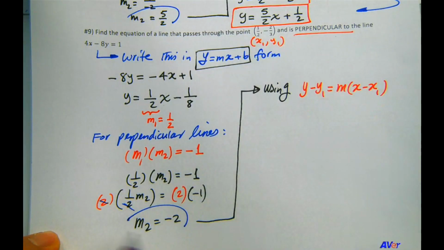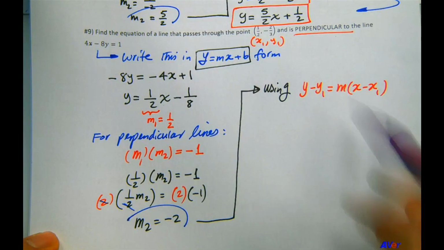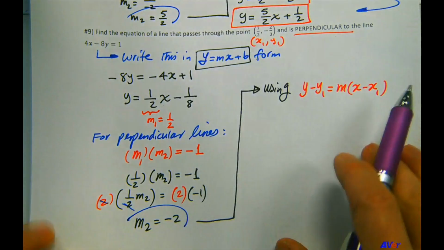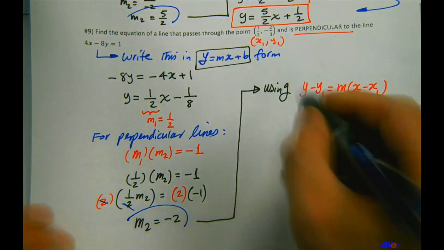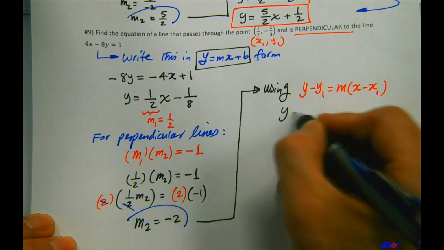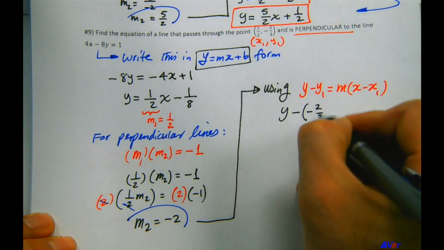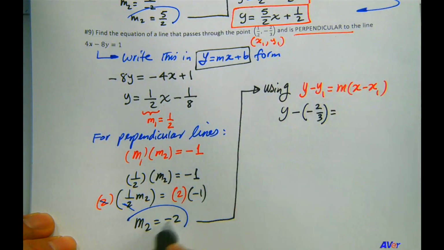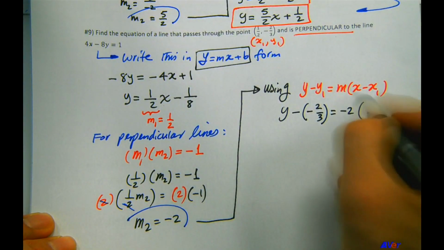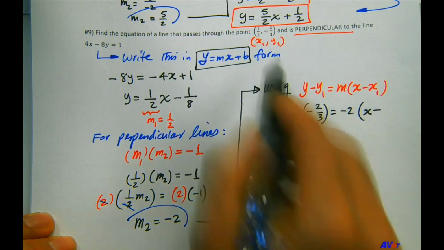And this is the slope, m here is m2, negative 2. So let's plug in. We have y minus y1, which is negative 2/3, equals m, which is negative 2, times x minus x1, which is 1/2.